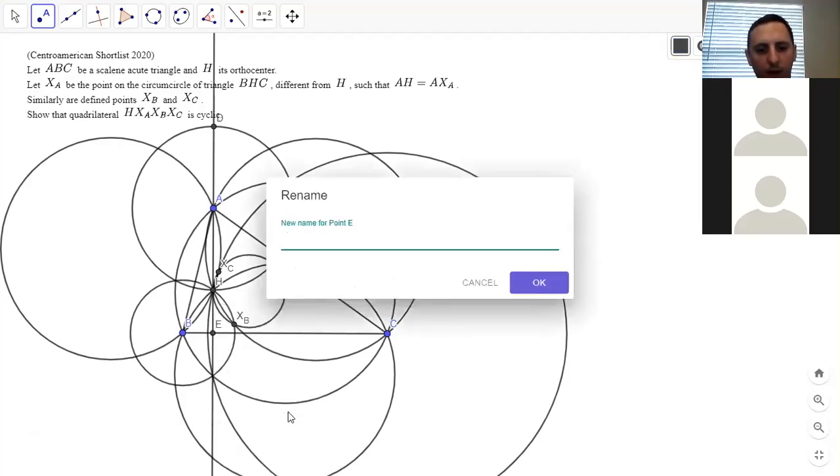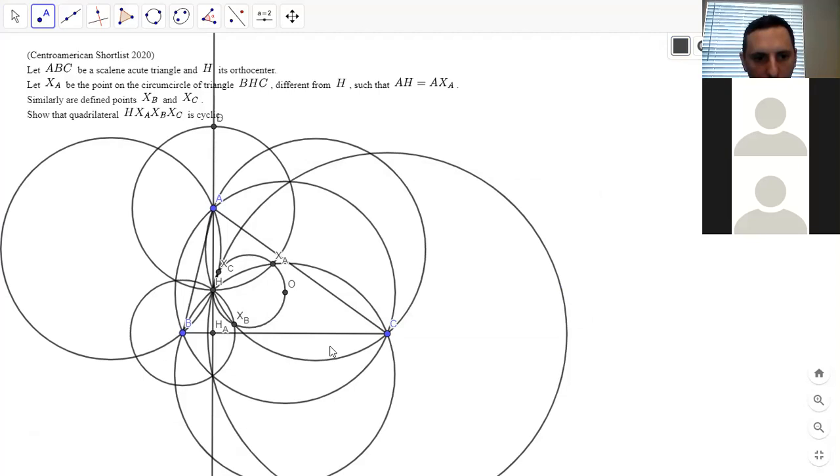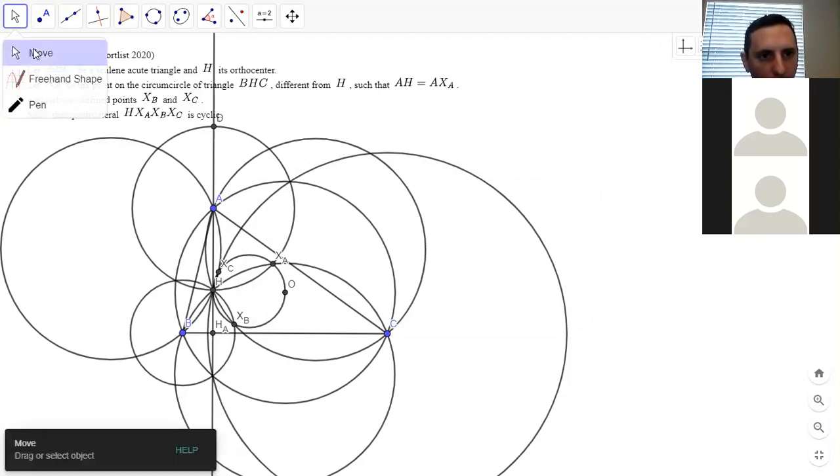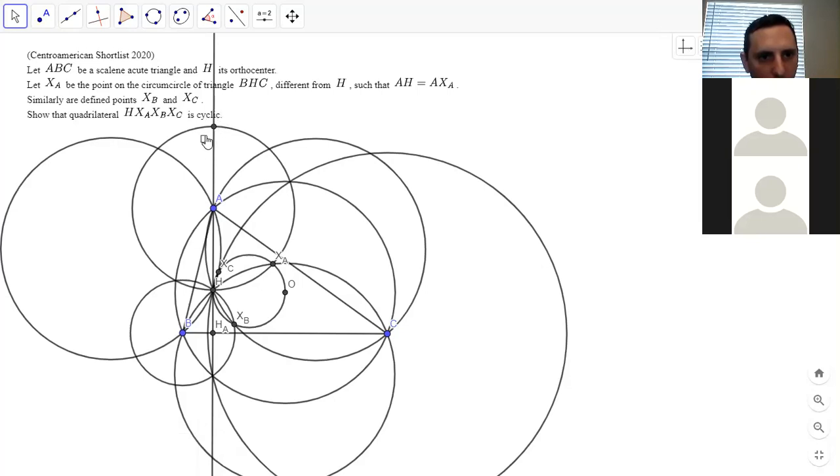So I think you meant like this, right? Yeah, okay. But yeah, all I have to do is show HXAO is 90 degrees. That seems like it shouldn't be hard, right?